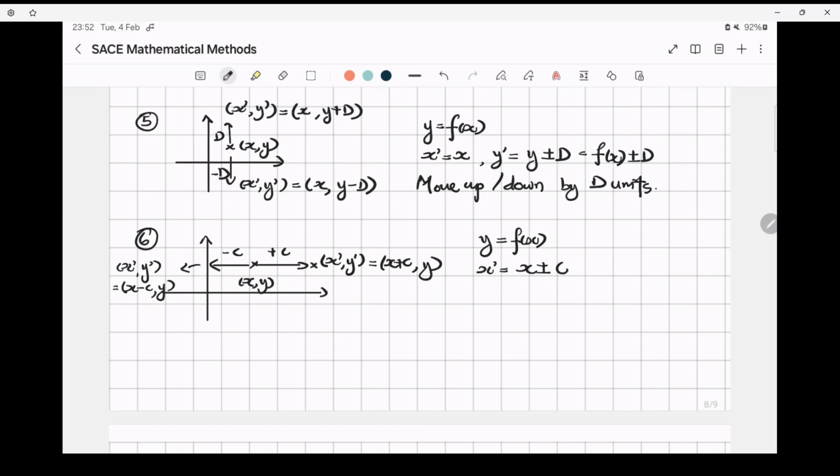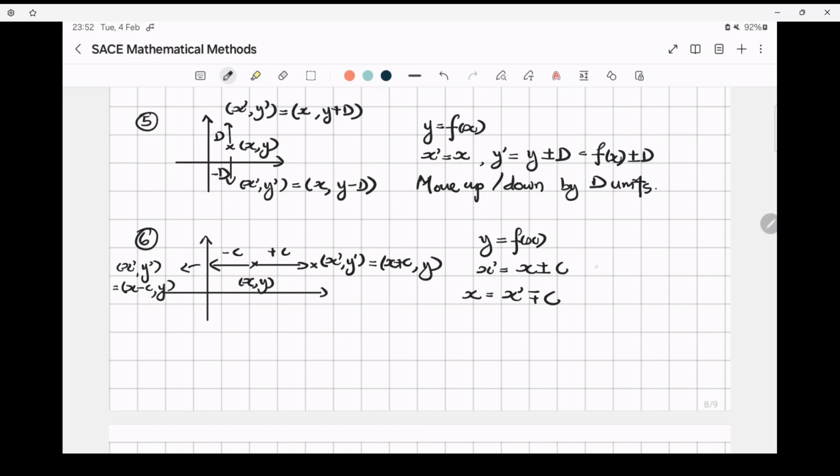So this is also where the scenario is a bit difficult to follow, because as usual, you need to change your x into x prime coordinates. So what would be the case? It will be x equals x prime minus plus c. So when you move to the right, it's actually minus in terms of the x prime coordinates. If you move to the left, it is plus in terms of the x prime coordinates.